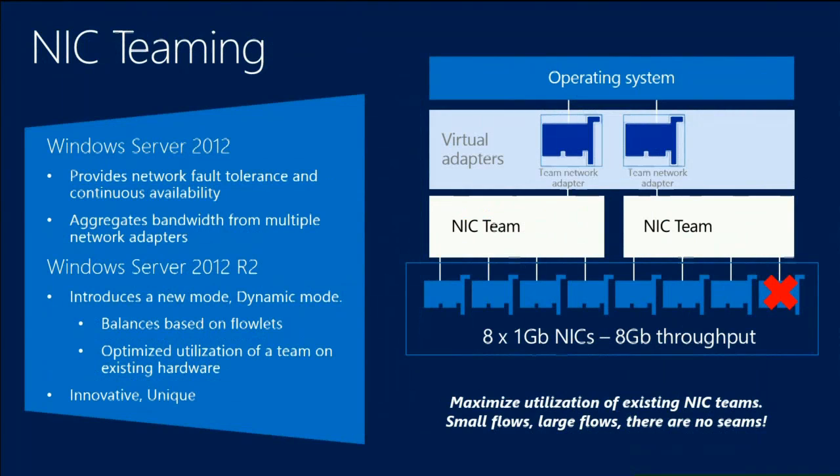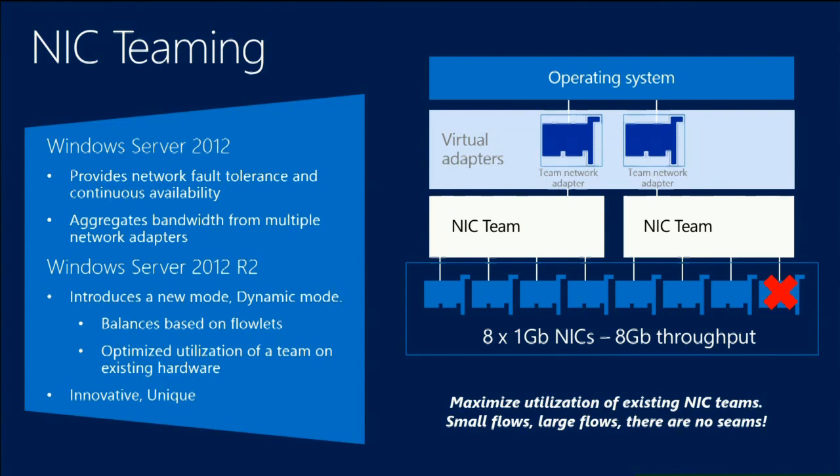As many of you have said, you're quite familiar with it. The way NIC teaming works is it'll affinitize a VM or a flow to a particular NIC. So if I have a lot of flows that I'm generating, they can generally get load balanced reasonably well. If I have a lot of VMs and a lot of flows, you have the ability to maximize utilization of the underlying team.